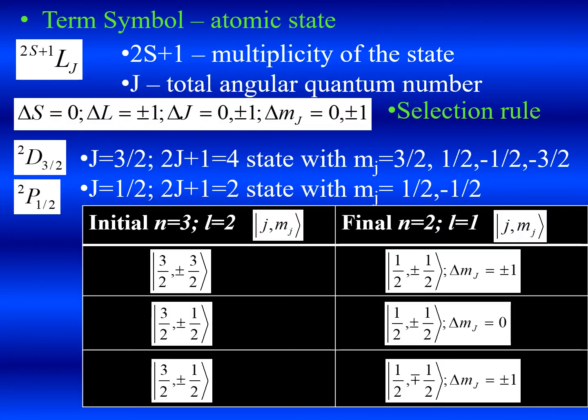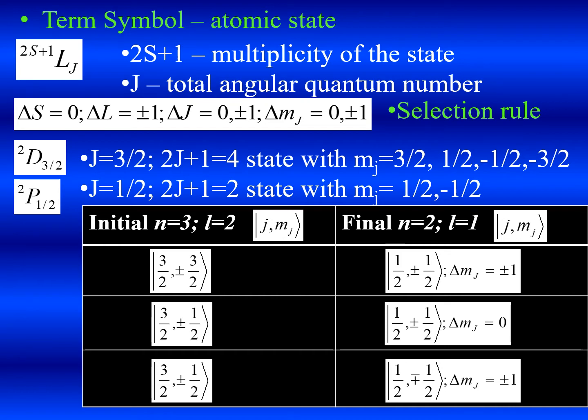You know the term symbol of an atomic state is represented with 2S plus 1 as superscript, L, and J as subscript. Here 2S plus 1 gives the multiplicity of the state and J is the total angular momentum.